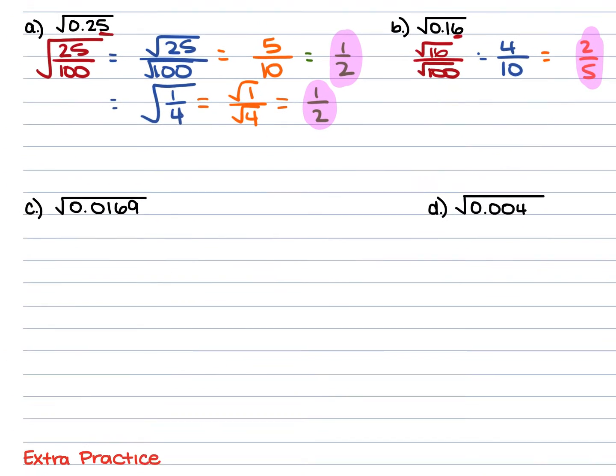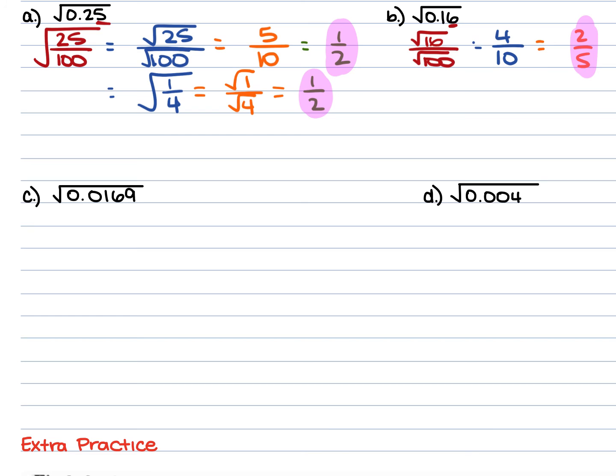For example C, we have the square root of 0.0169. The 9 here is in the 10,000th place. So this is going to be 169 over 10,000 underneath that radical. So we're going to be taking the square root of 169 over the square root of 10,000.